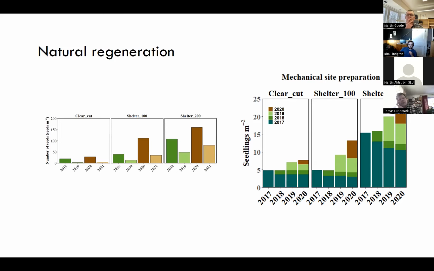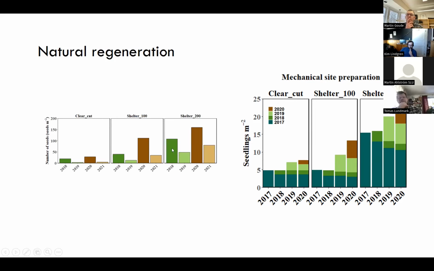And as a sidetrack, I thought it was quite interesting that in 2018, do you see my cursor? Yeah. You can see that the different colors represent different seedling cohorts from different years. As you can see here, this represents the seedlings that were new recruitment in the year 2018.